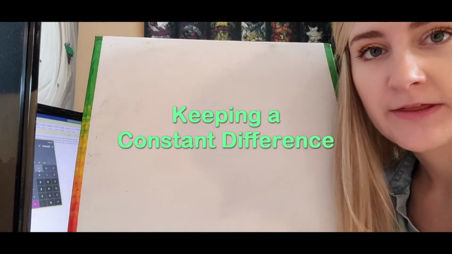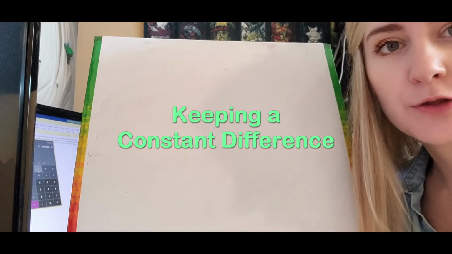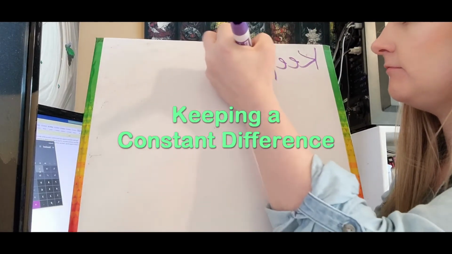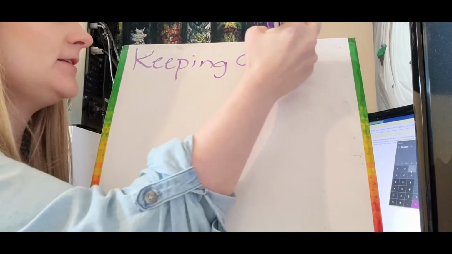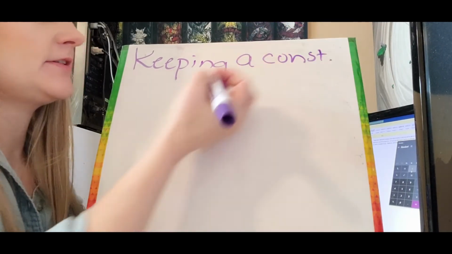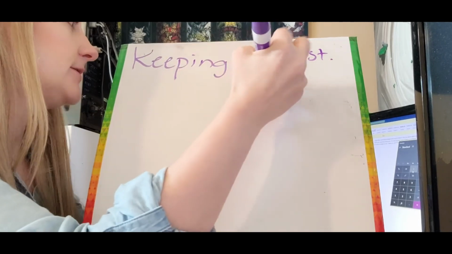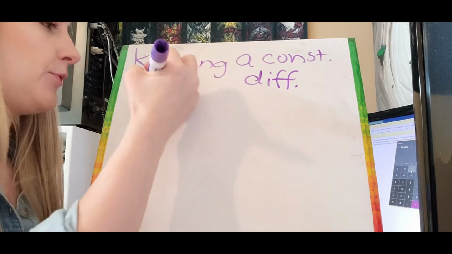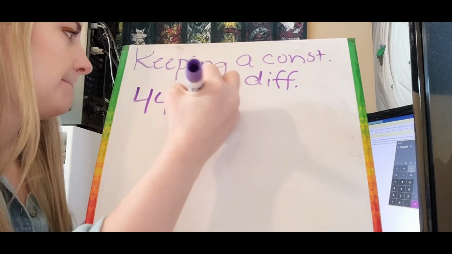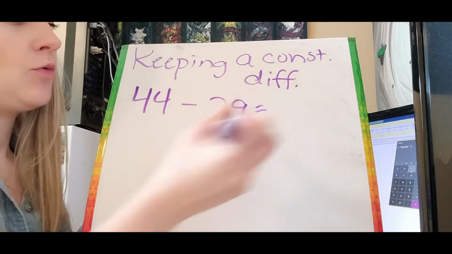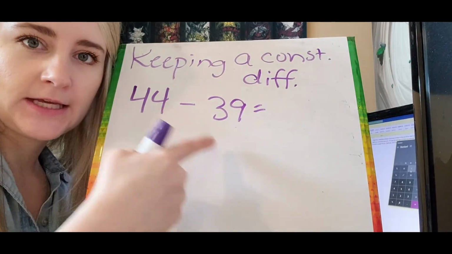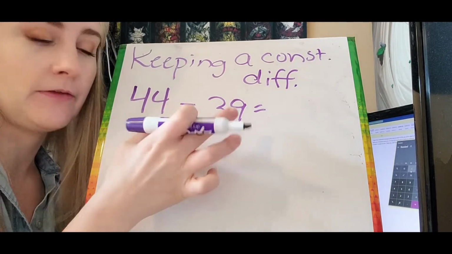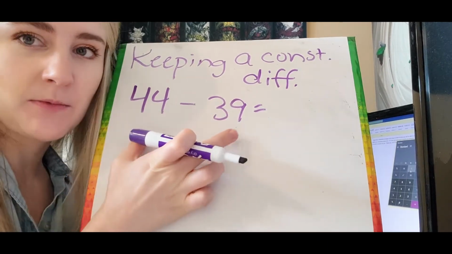The third strategy that we're going to learn is very similar to the one before it. It's called keeping a constant difference. So let's do an example. 44 minus 39. We're going to manipulate these numbers like we did in the last strategy, but what we're going to do differently is that we're going to manipulate them both at the same time and by the same amount.